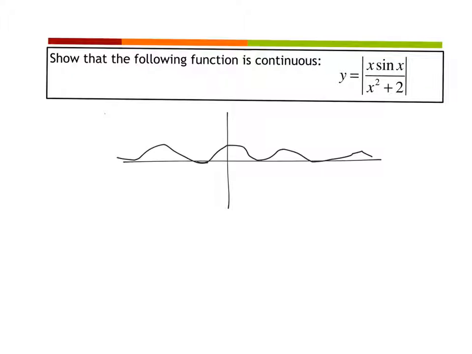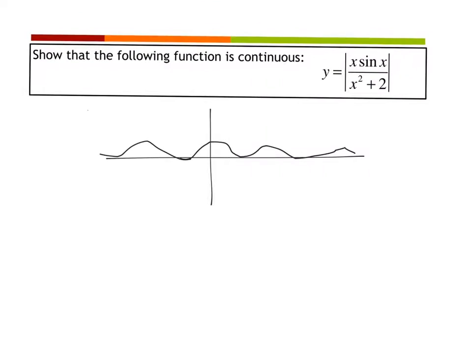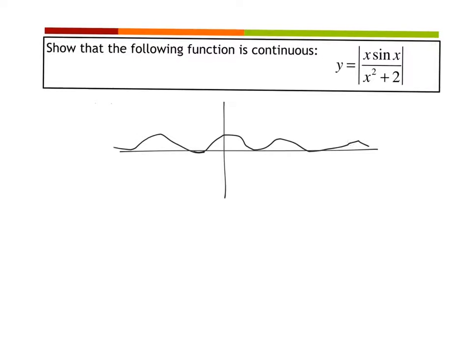Now, one way that we can prove it's continuous, most of the time, I'll show you a different one, because most of the time they're not like this. But here what we can do is look at this as a product and quotient of functions.